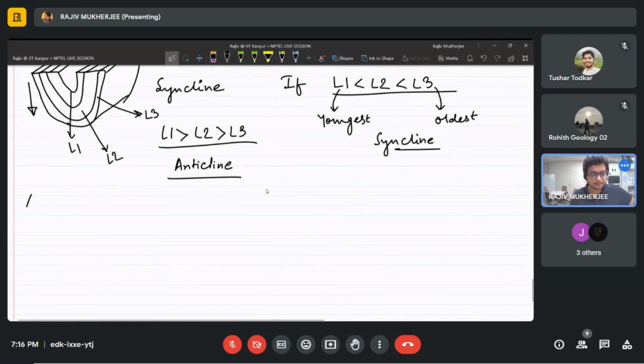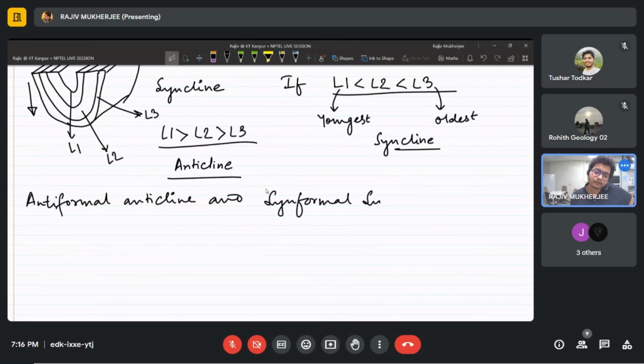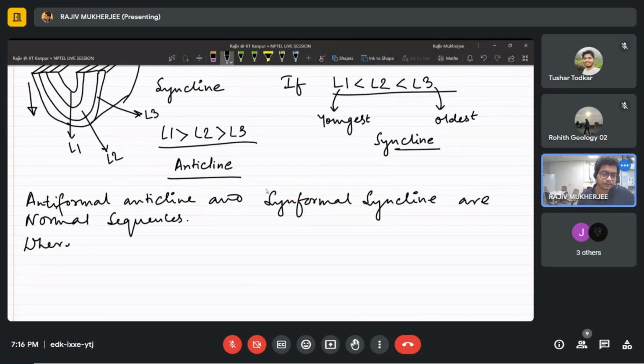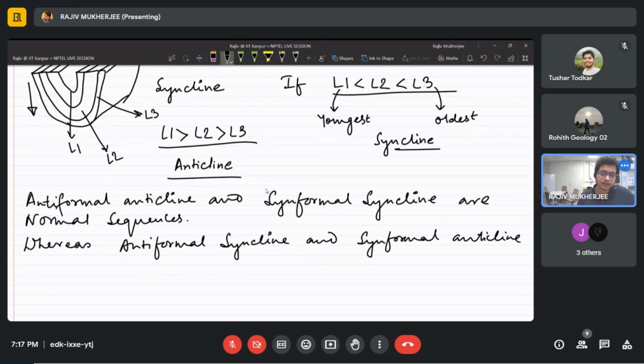So antiformal anticline and synformal syncline are normal sequences, whereas antiformal syncline and synformal anticline are inverted sequence.